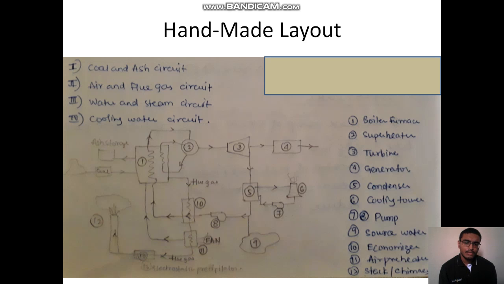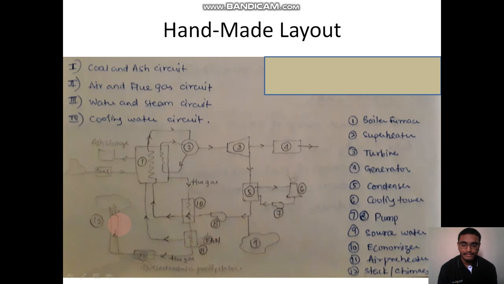But wait, on the way we see something. This is the economizer. This is an extra additional device. The flue gases coming out of the boiler help to heat the water before going into the boiler, thus saving our fuel energy for heating the water.